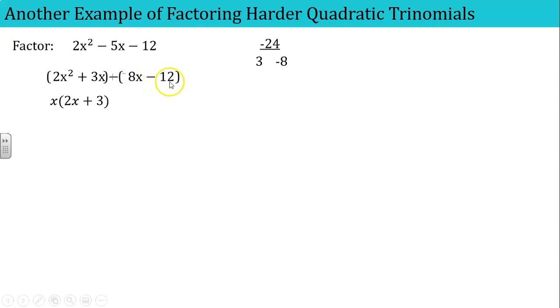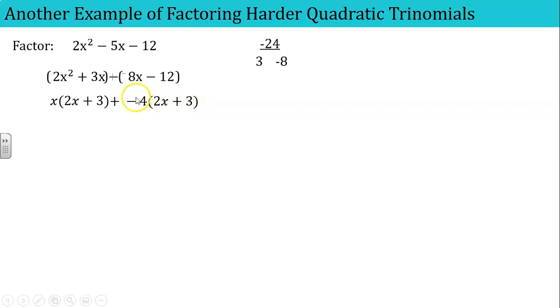So -8 and -12, the greatest common factor there is -4. So you can see I pulled out a -4, and this is what I get when I divide both of these by -4. -8x divided by -4 is 2x, and -12 divided by -4 is +3.